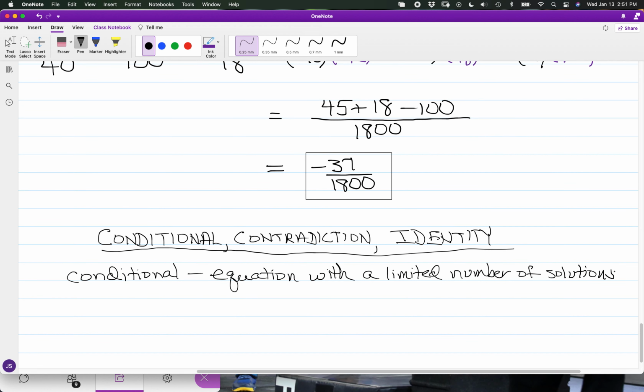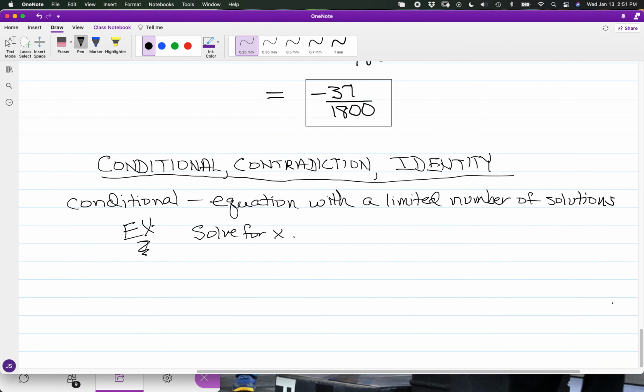And we can say that, for example, if you're looking at solving for x, we'll go with something fairly basic. We'll say we have something like 2x plus 5 is equal to 17.